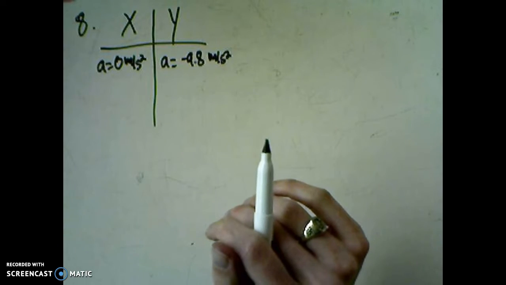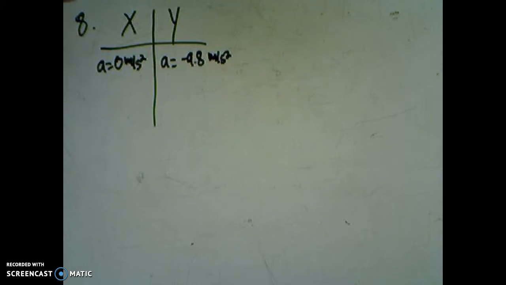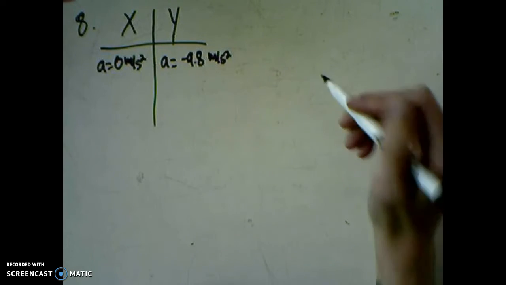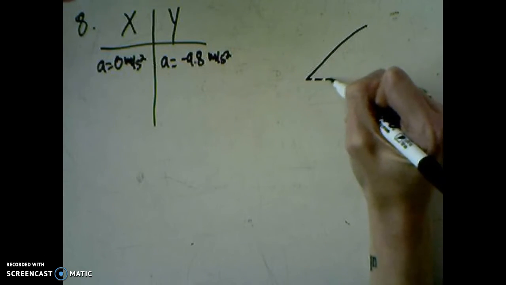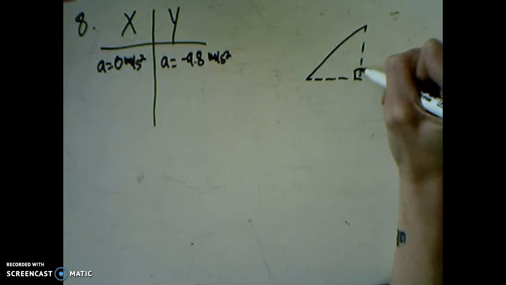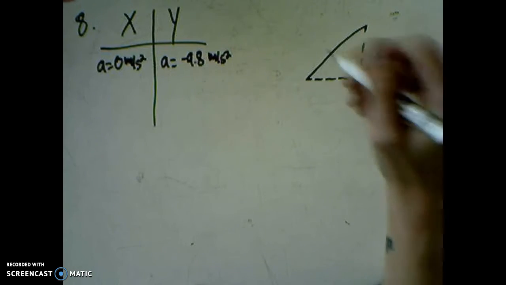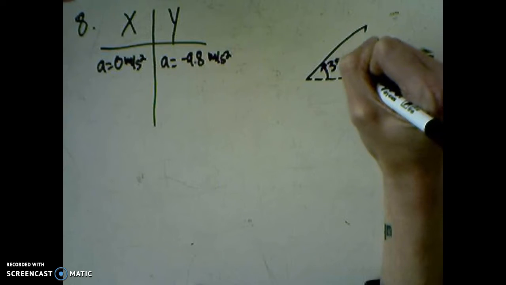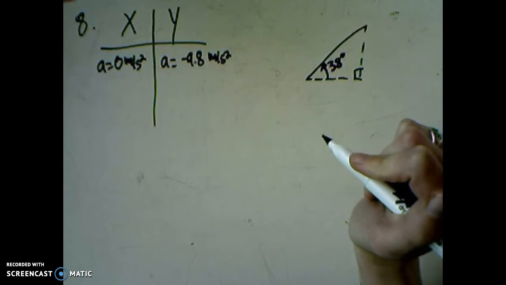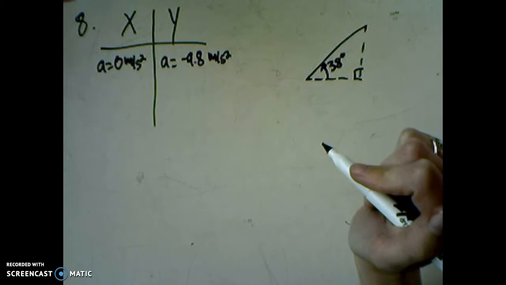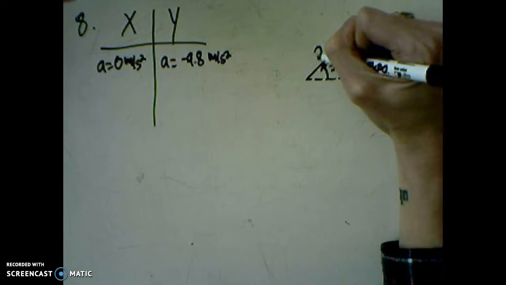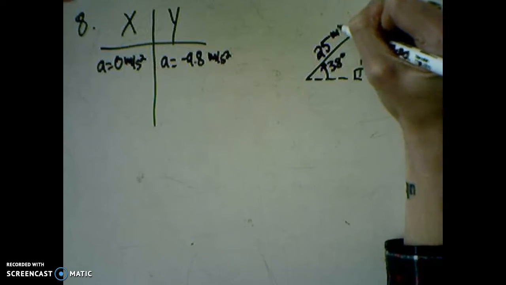So we can go from there. Now, we also know that the balloons are fired at an angle north of east. That angle is 38 degrees. And the velocity with which the balloons are fired is 25 meters per second.